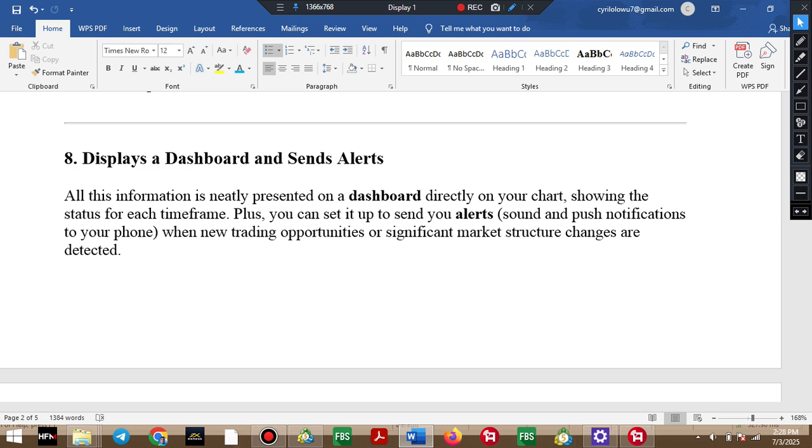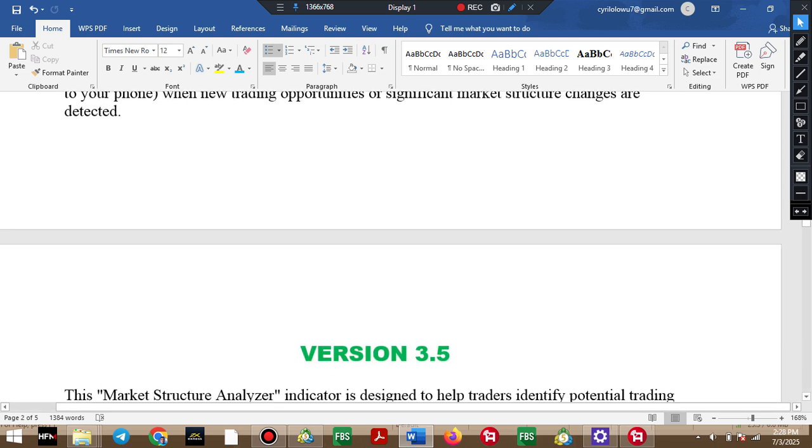The software is busy analyzing the market, and whenever it gets a good entry signal, it's going to pop up on your mobile phone that there's a so-and-so entry, probably also tell you the pair, and then you can just log in and check. Then you can enter your trade through that means. Is that clear? So it's not necessarily that you need a laptop before you can get this version.